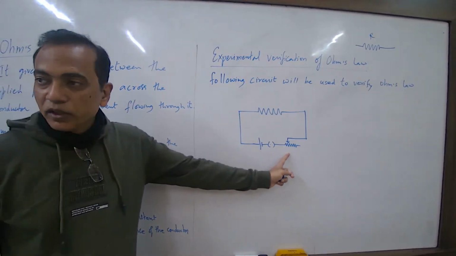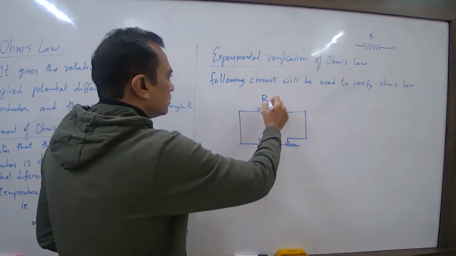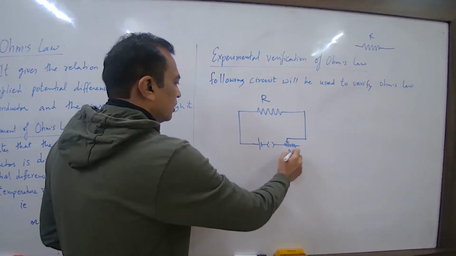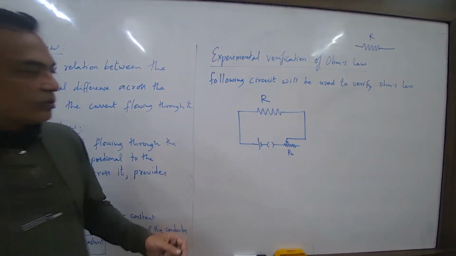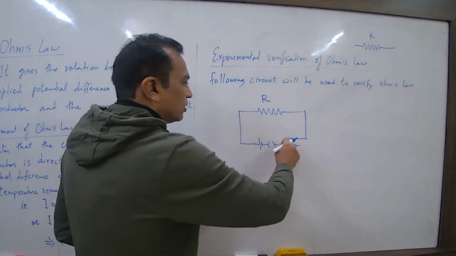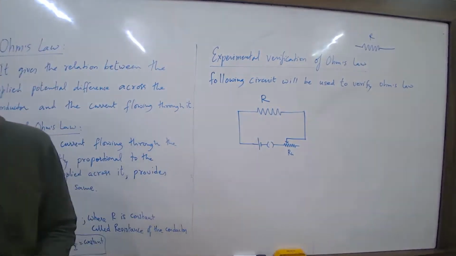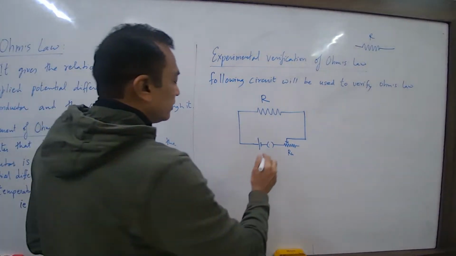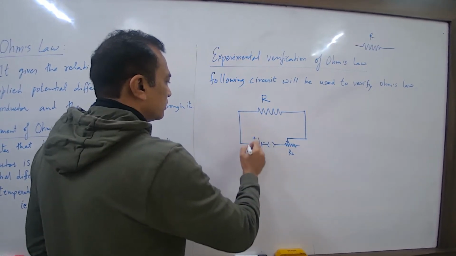So this is a variable resistance. This is the fixed resistance R, the conductor, and this is what we call RH, the rheostat. This can be moved along this. When it goes from left to right, the resistance of the circuit increases, so less current will flow. That way you can control the current flow through the circuit.